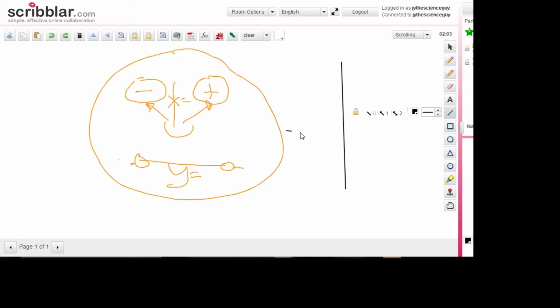So there's my grid. I'm going to put a couple of things in here, and then I'm just going to draw a couple of lines.